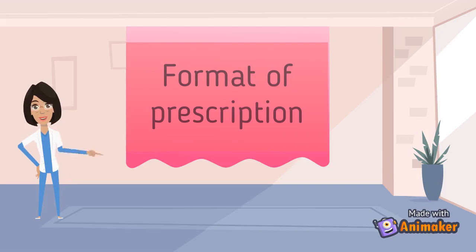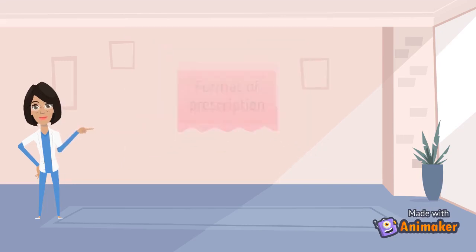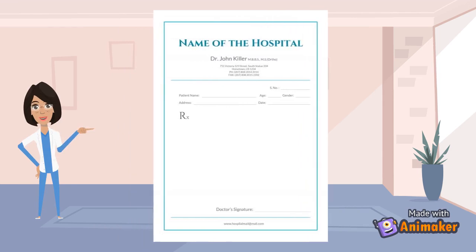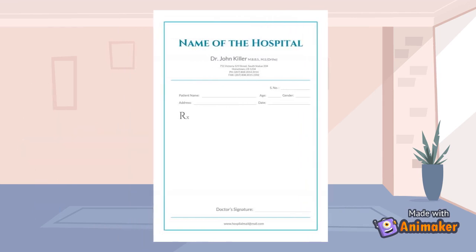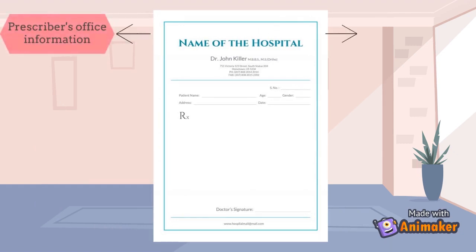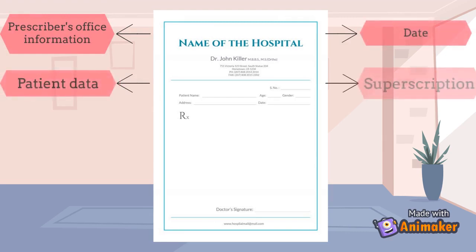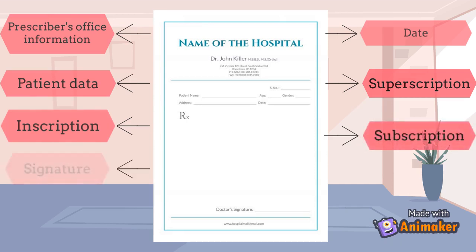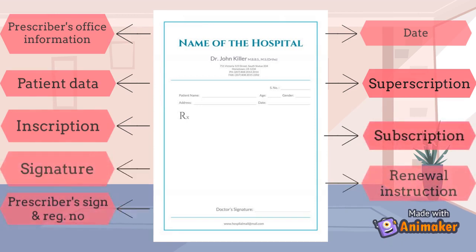Now we are going to see the format of a prescription. This image here will help us to understand what the parts of a prescription are and how it looks. Prescriber office information, date, patient data, superscription, inscription, subscription, signature, renewal instructions, prescriber's signature and registration number.